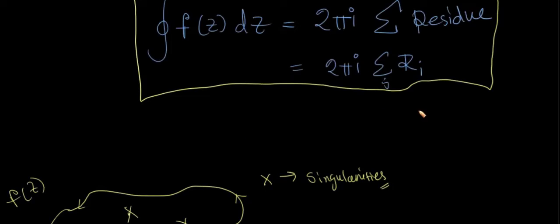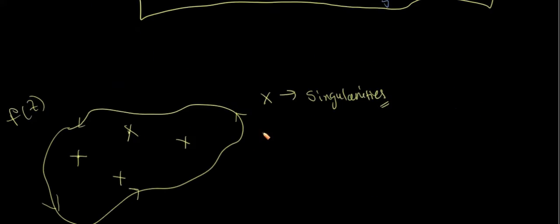So the theorem says that whenever you evaluate this contour integral for this f of z, where these x's are singularities, obviously you have to keep in mind that these singularities are inside the contour, not on it, and at the same time the number of singular points should be finite.